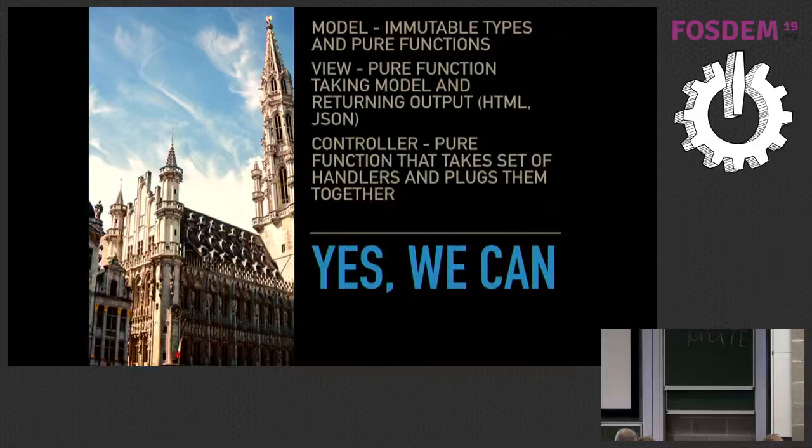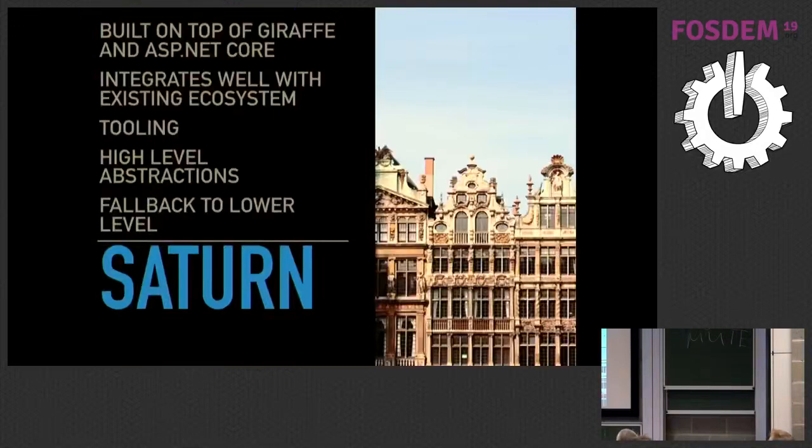If you were at my talk in the morning about the model view update pattern, the view in that pattern looks exactly like the view here: a function that takes a model and outputs stuff. And then controller is a function that takes a set of handlers and puts them together into some kind of opinionated routing or something like that.